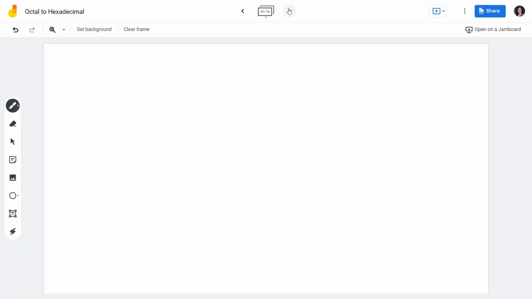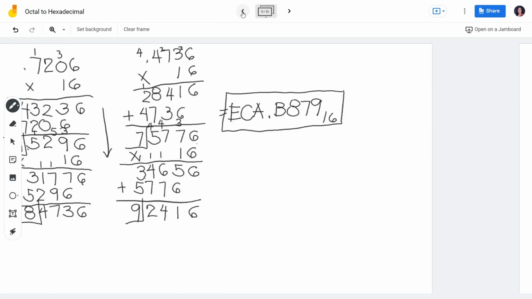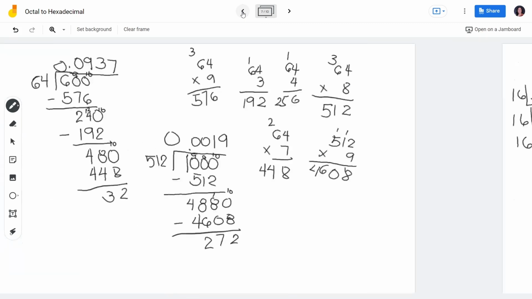Again, let's see what if we're going to use the binary number system. Okay, so again, let's use the same given octal number.